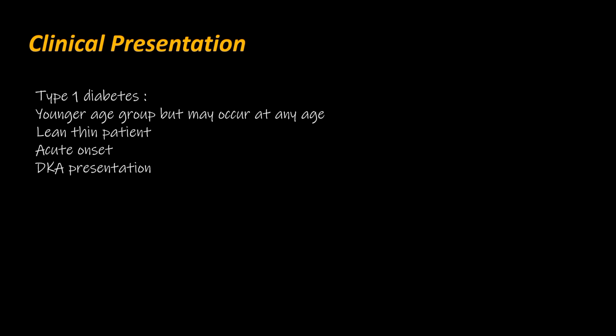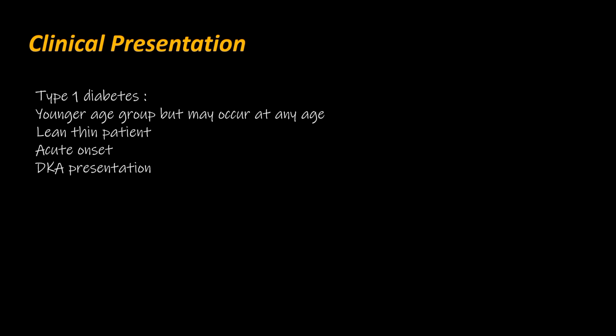Clinical presentation. Type 1 diabetes mainly occurs during early childhood and adolescence. But remember that type 1 diabetes may occur at any age, even in the elderly population. But the presentation in adulthood or in the elderly is not very dramatic.